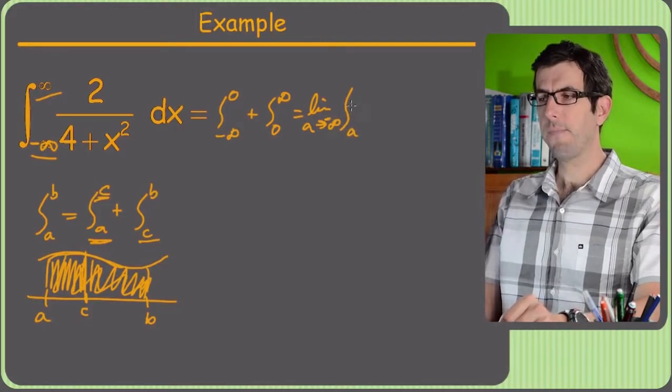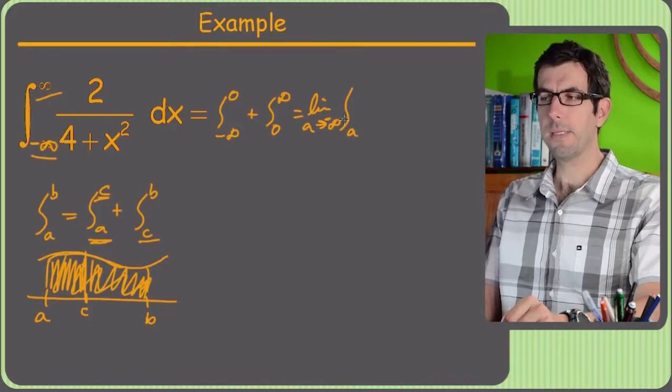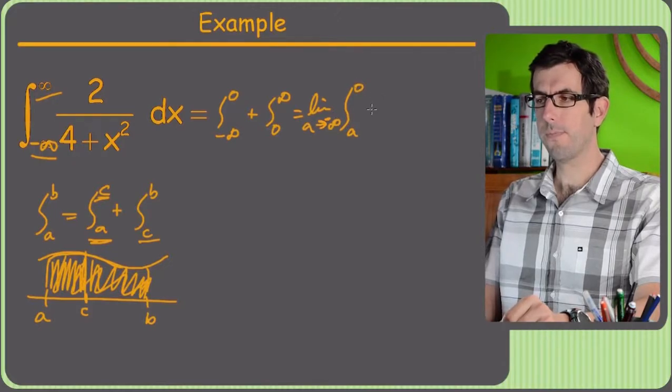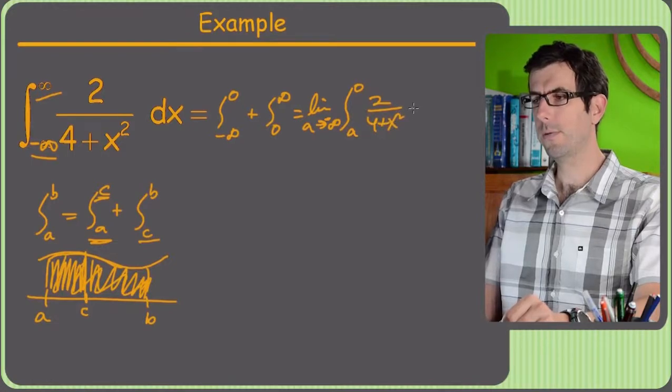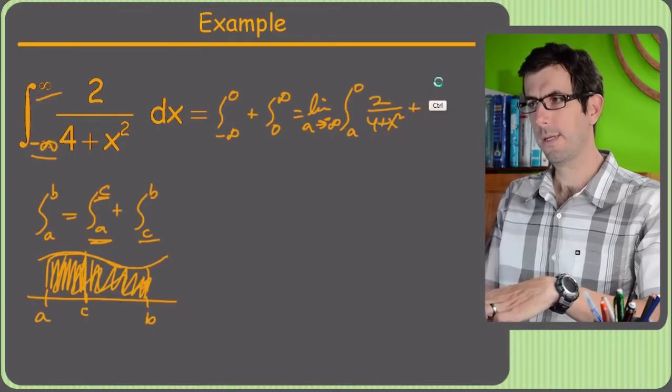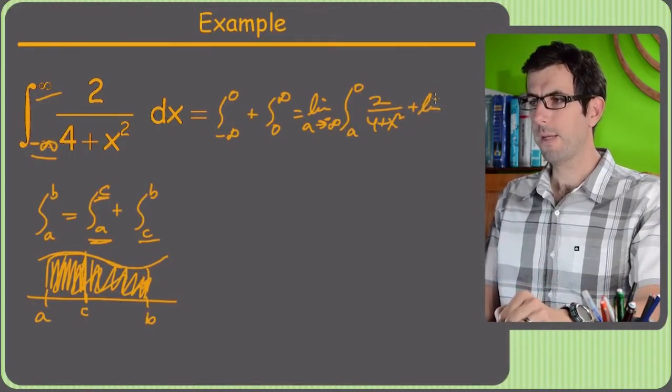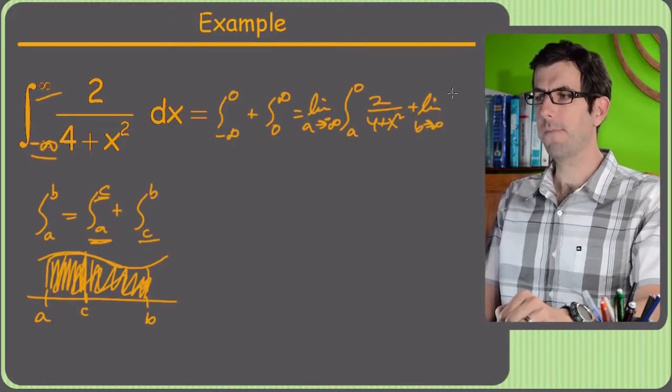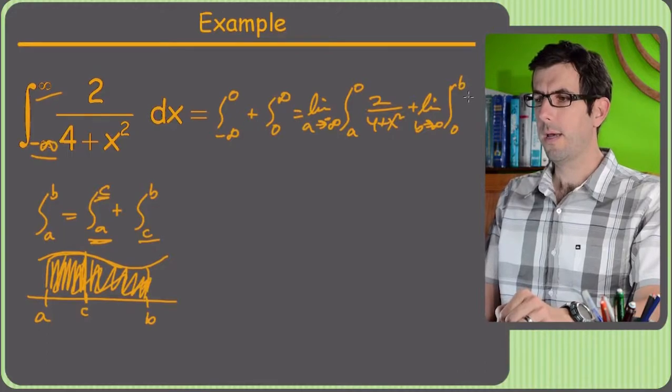That's the limit as a approaches negative infinity of the integral from a to 0 of 2 over 4 plus x squared, plus the integral from 0 to b. Oops, I'm telling you, man, these problems are rough. The limit as b approaches positive infinity of the integral from 0 to b of 2 over 4 plus x squared.